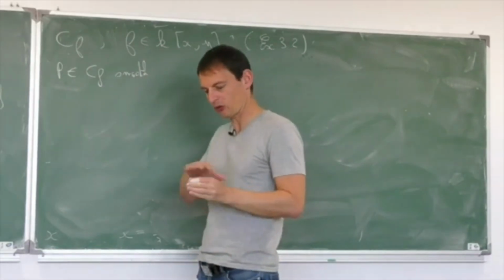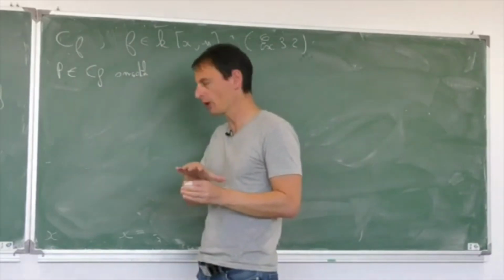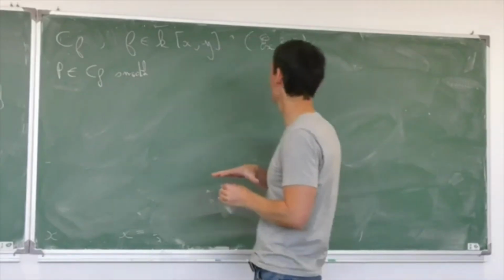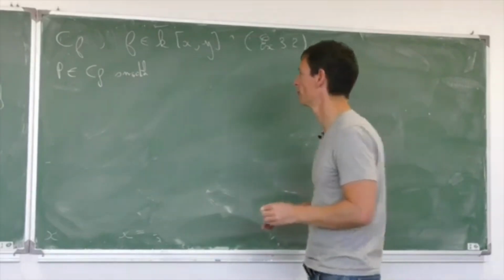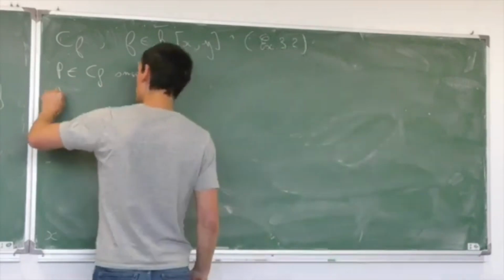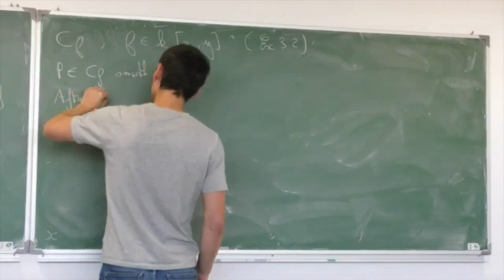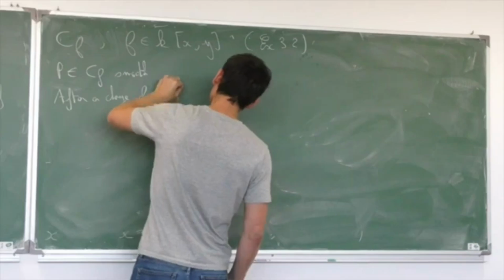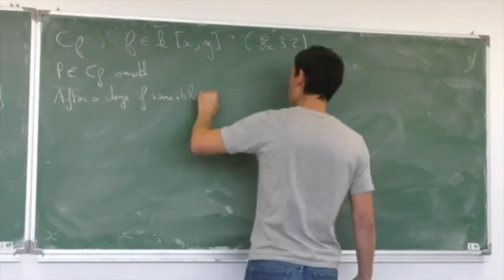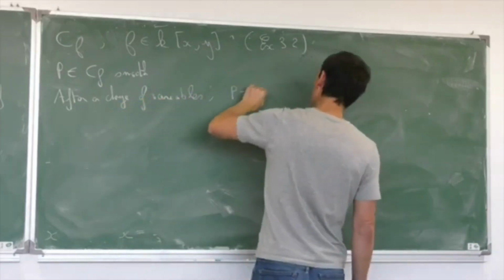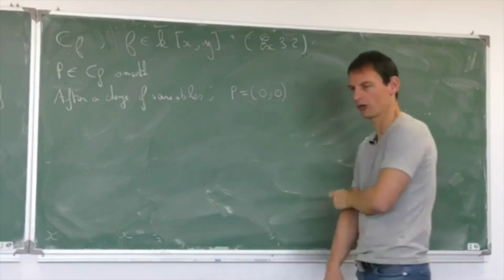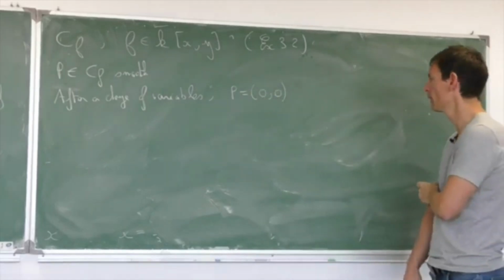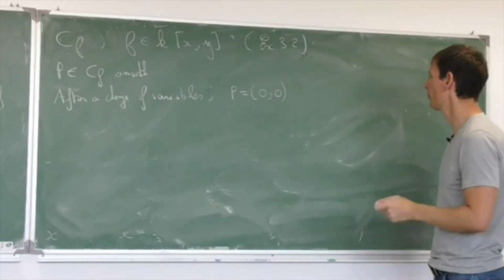And as this change of variable is an isomorphism, it doesn't change at all the properties of your curve. So after a change of variable, we are going to assume that P is the point with coordinates 0, 0.